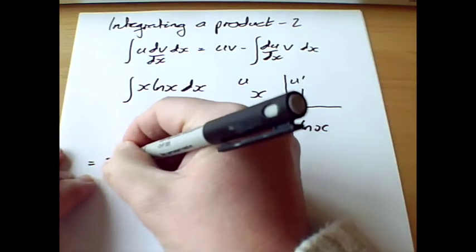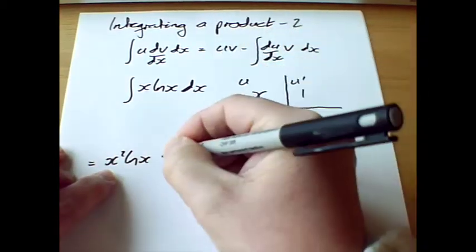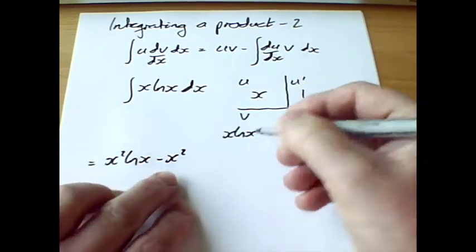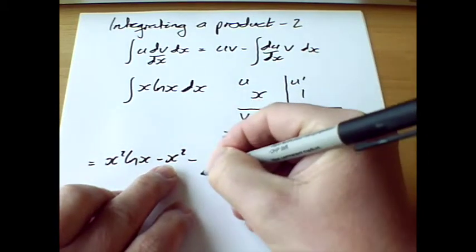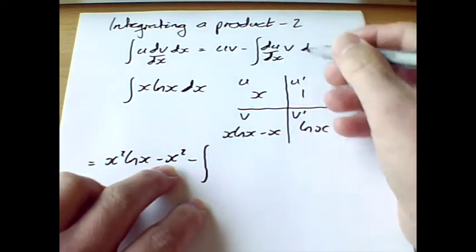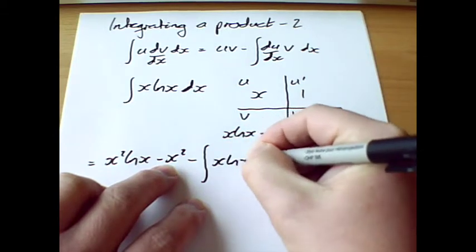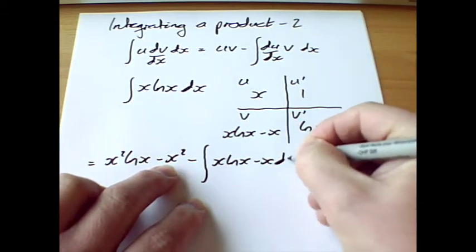So that's going to get us x squared ln x minus x squared. Well, so far so good, but at this point we've got minus the integral of du/dx times v, which is 1 times that, which is x ln x minus x dx.